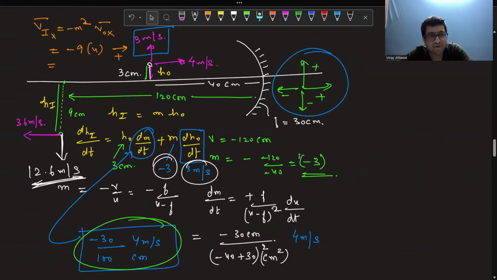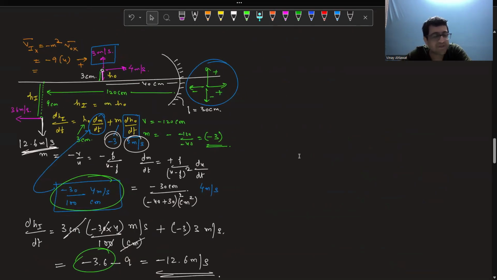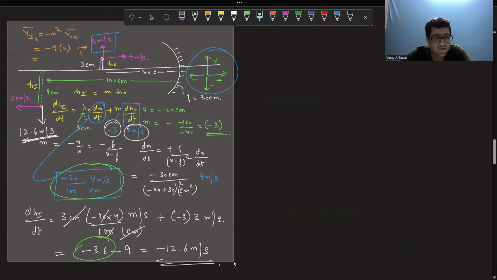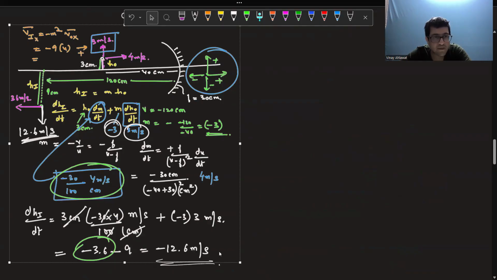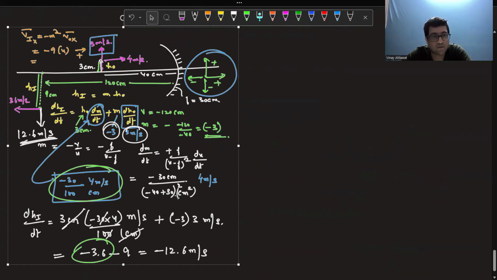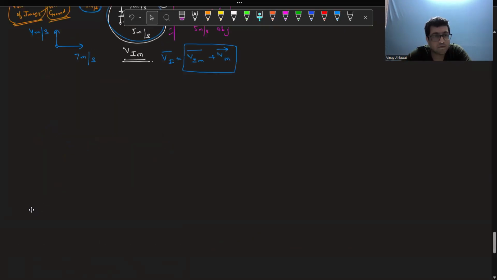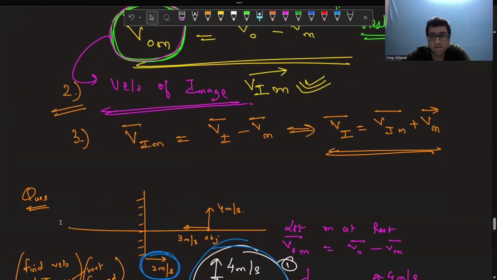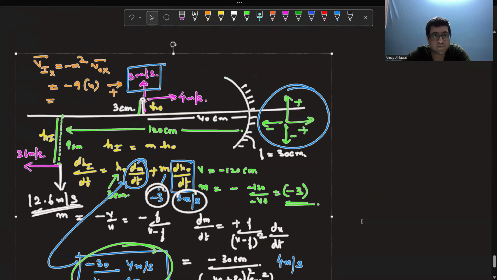Okay, so let's move to this question. I will take this question, Control C, and Control V. Let's zoom this out. This was the question rather.